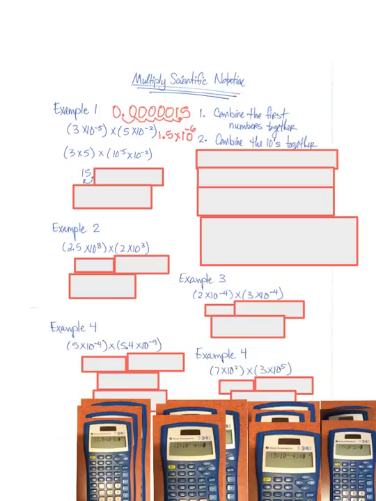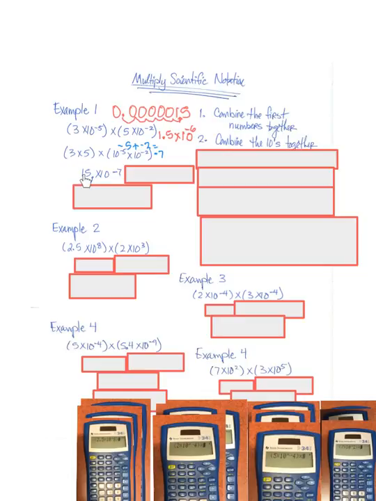So remember when we were combining exponents, the 10s are being repeated over and over again. With our exponents, we can combine those together, or we can add them. So negative 5 plus a negative 2 gives us a negative 7. So what we have left is times 10 to the negative 7.